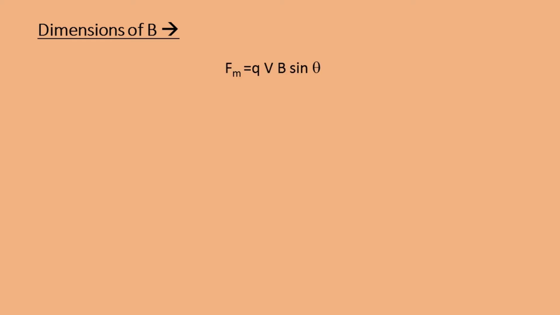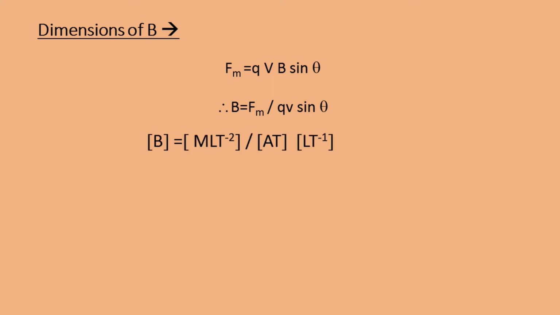Now we find out the dimensions of magnetic field. We know the equation Fm is equal to QVB sin theta. We rearrange this equation and write B is equal to Fm upon QV sin theta. Also, we can put here the dimensions of Fm, that is M to the power 1, L to the power 1, T to the power minus 2, upon the dimension of charge, that is A to the power 1, T to the power 1, then the dimension of velocity, L to the power 1, T to the power minus 1.